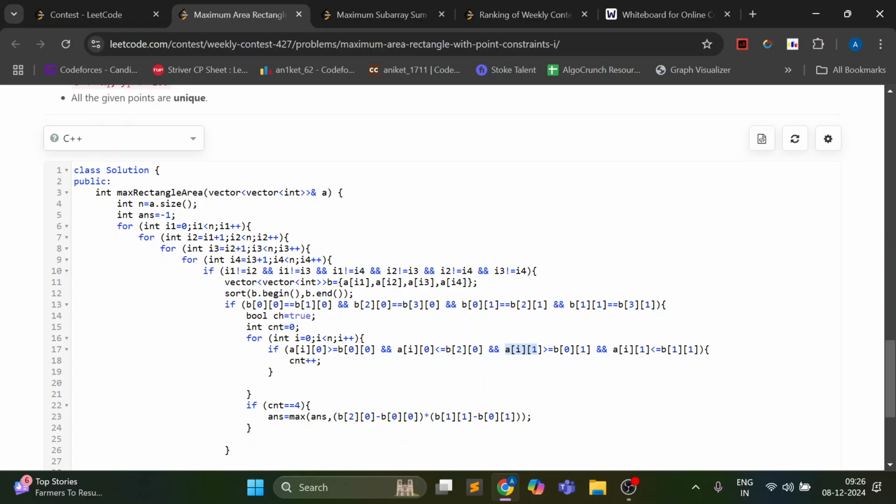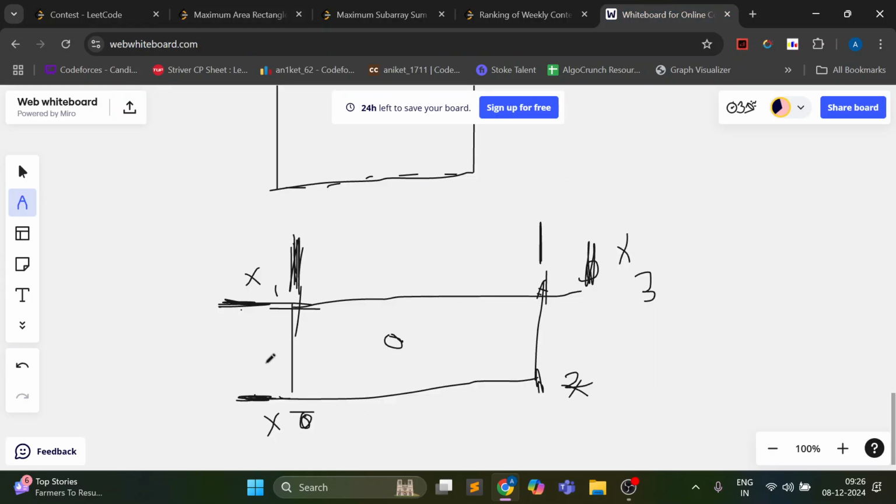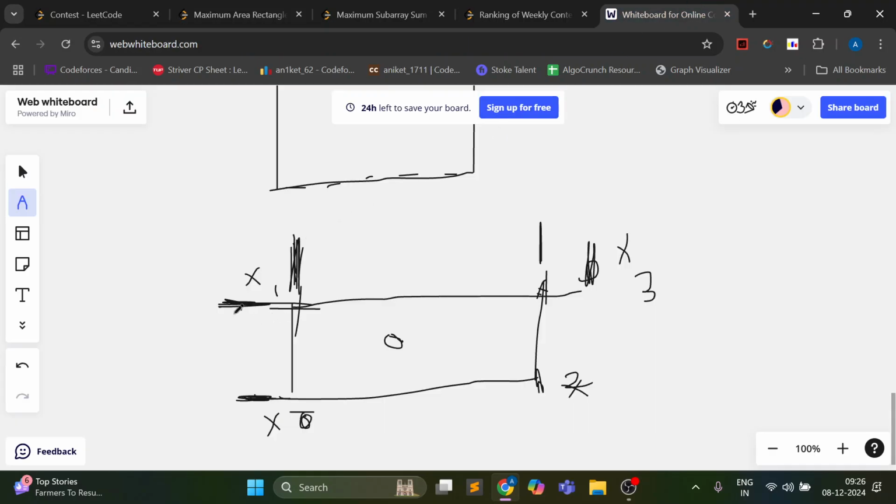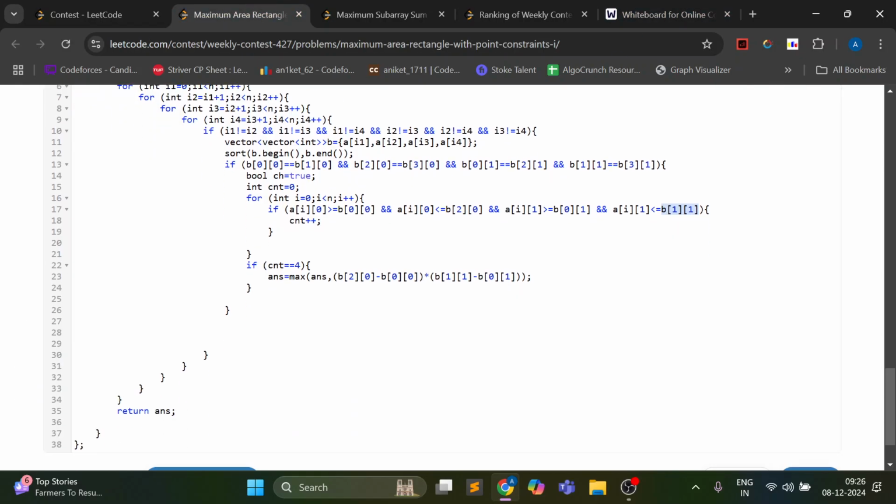Similarly, a of i of 1, the y coordinate, is greater than or equal to b of 0 of 1, which is this, and less than or equal to b of 1 of 1, which is this. I'm then incrementing the counter. Now if the counter is equal to 4, that means there are only 4 points in or on the border of our rectangle, and all those 4 points are basically the corners themselves.